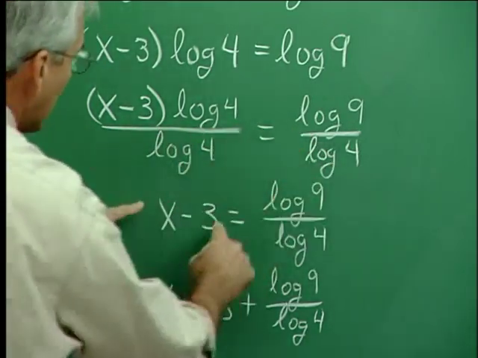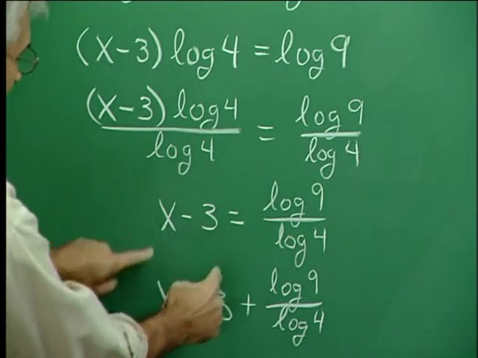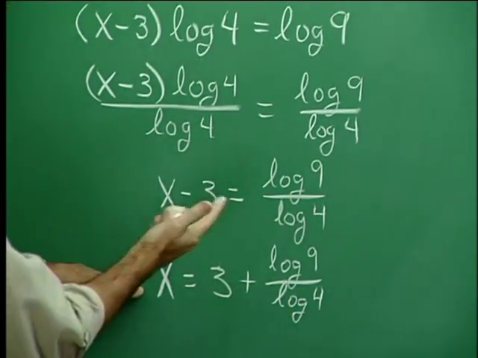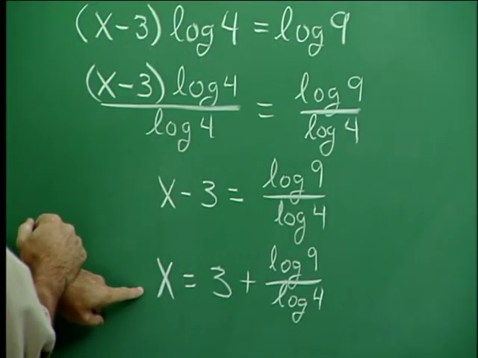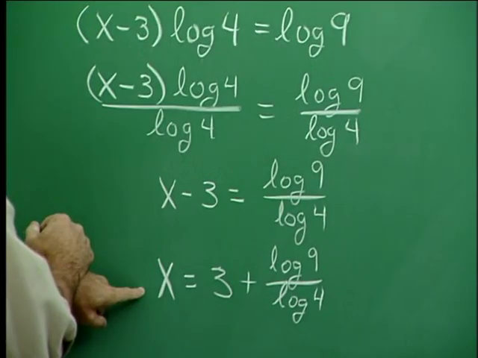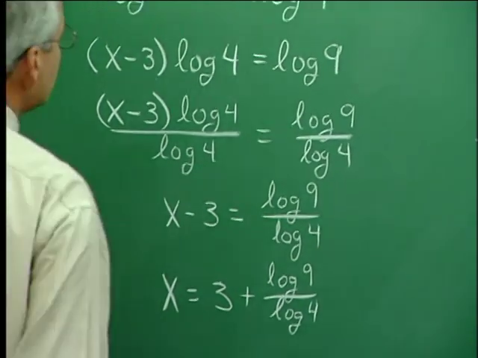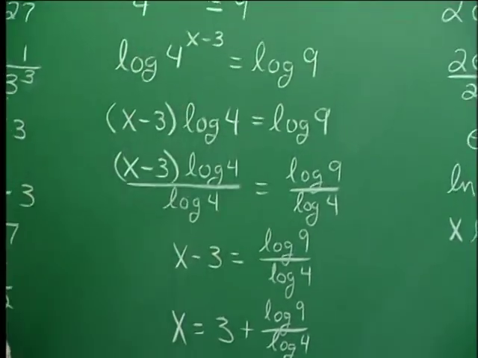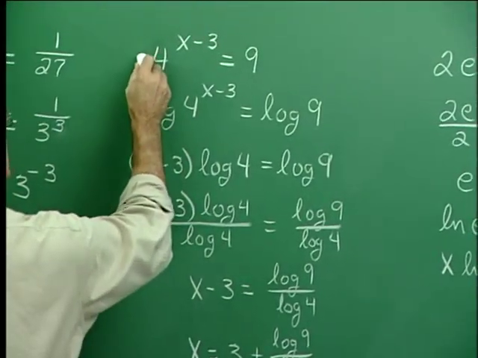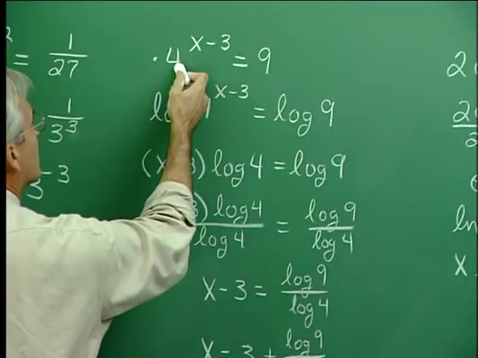All right, from here we would just add 3 on both sides to have x equals 3 plus log 9 over log 4. It's just a button push from there, and we would find x to be approximately 4.585.